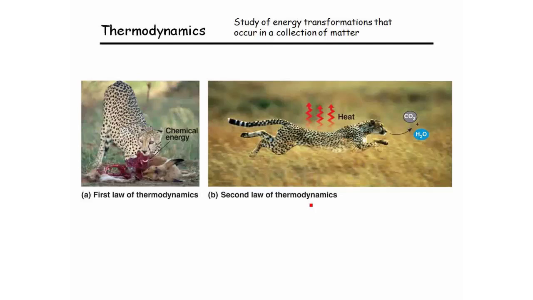So in this picture, that cheetah is using that energy to actually run. So we're transforming it into, say, kinetic energy. As we do that, we take molecules that were once nice organized molecules in the form of a protein or a fat molecule for that matter, and we're breaking those molecules into small pieces such as carbon dioxide and water.